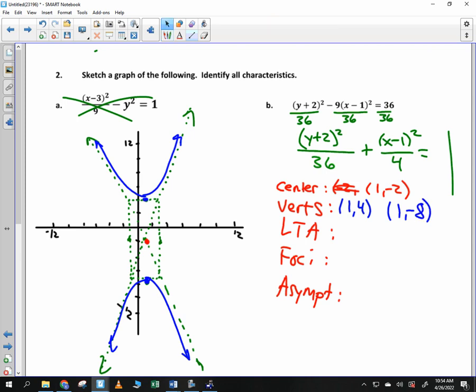All right, length of transverse axis. That's the distance between these two things. 12. Now I need the foci. The foci are going to be C units from the center. How do I determine the C? What's A squared plus B squared? 40. What's the square root of 40?